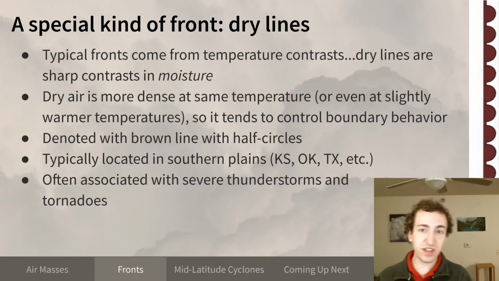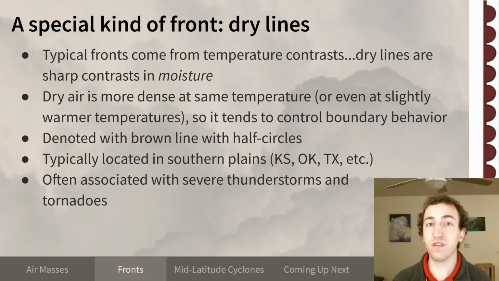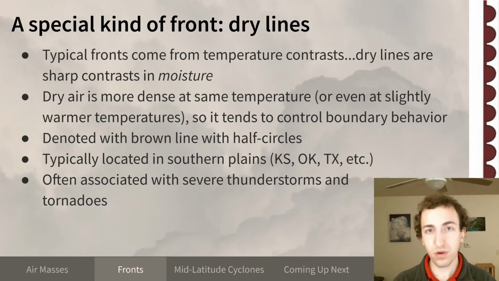Another feature that's worth mentioning, another kind of front, if you take the definition of a front being contrasting air masses rather than just temperature changes, we get something called dry lines. And these, again, the typical fronts we talked about previously, your warm front, cold front, stationary front, occluded front, those all have to do with temperature contrasts.